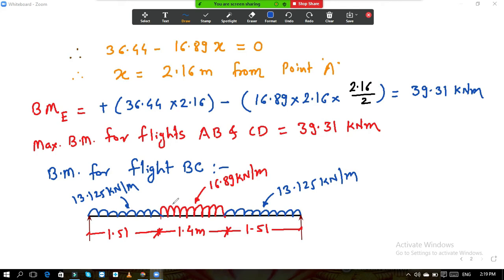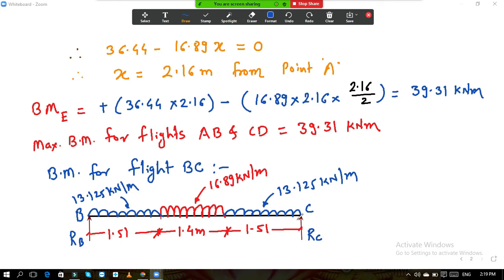So now what we will do, again here is the reaction. Suppose now this is your point B and this is point C. So here is the reaction RB and here is the reaction RC. We are considering it for flight BC now. In this beam, first calculate the reaction RB.